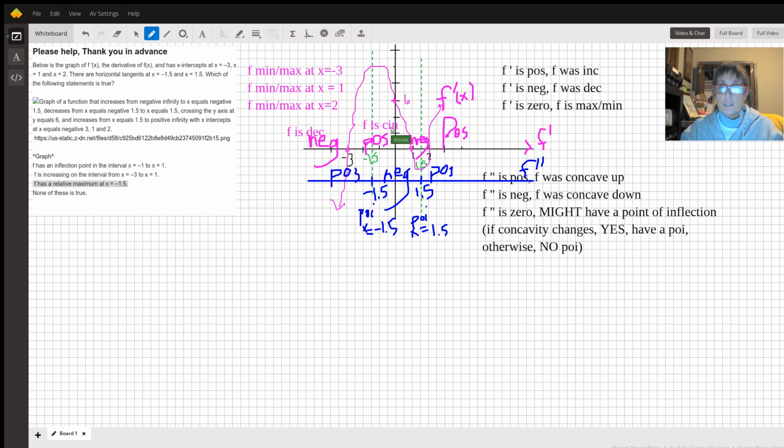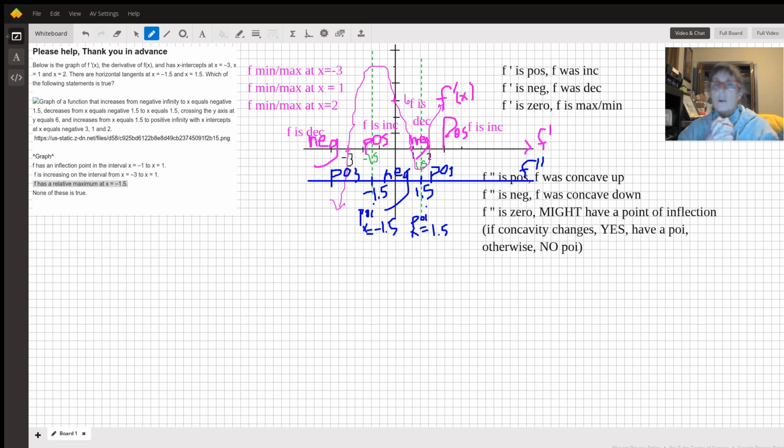So f is increasing in this interval from negative 3 to 1. We have that the original function is decreasing in here from 1 to 2 because the derivative is negative. And then we have, for the rest of time, that our original function here is increasing.